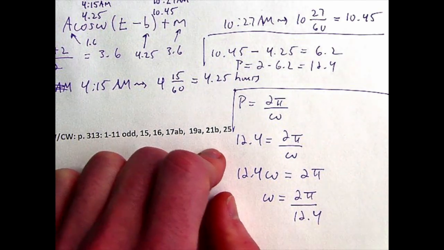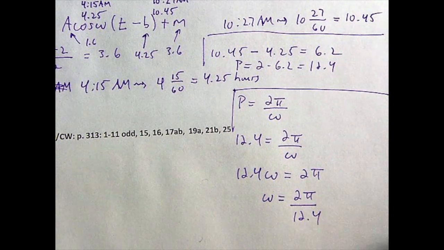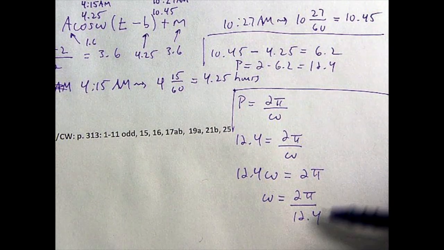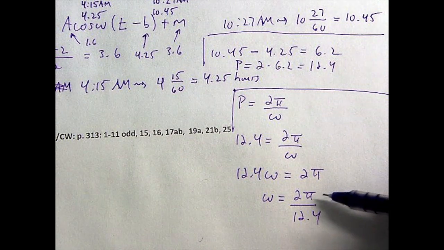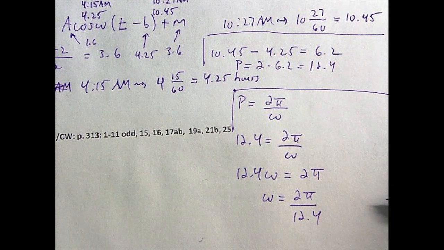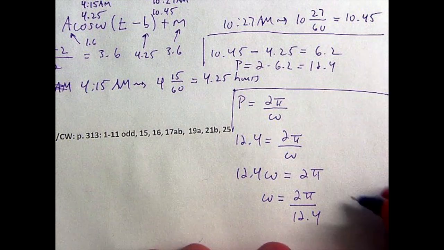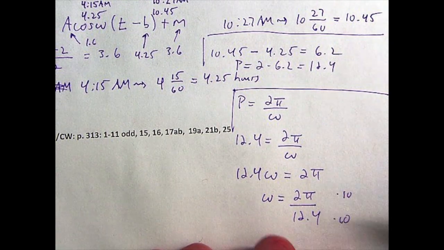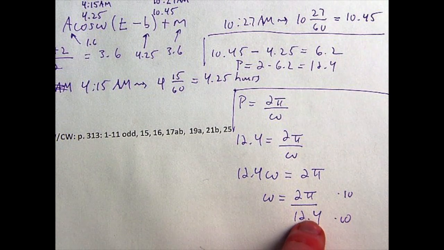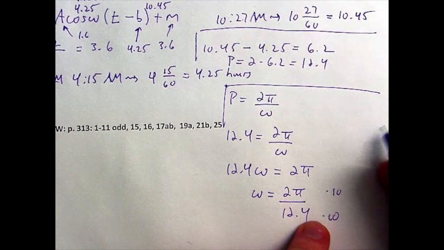So that's omega. However, this expression is pretty offensive because it's a fraction which has a decimal. You shouldn't have both fractions and decimals. You should have one or the other. There's no need to have both. What I'd like to do is get rid of this decimal. And one way of doing it is to multiply top and bottom by 10. Because what that will do is it will move the decimal point here to the right one, and we'll have no more decimals.